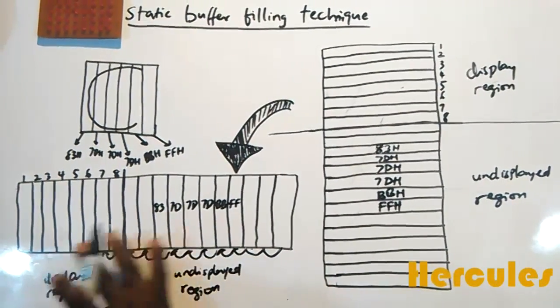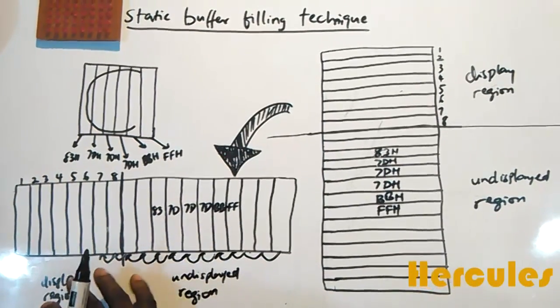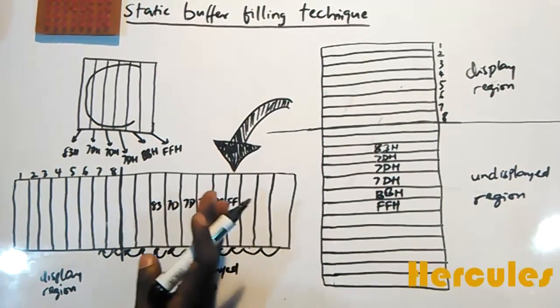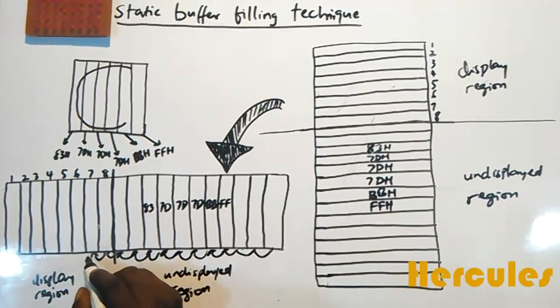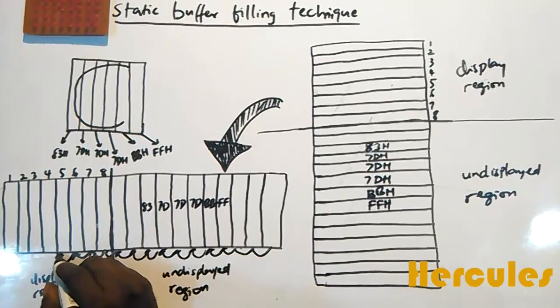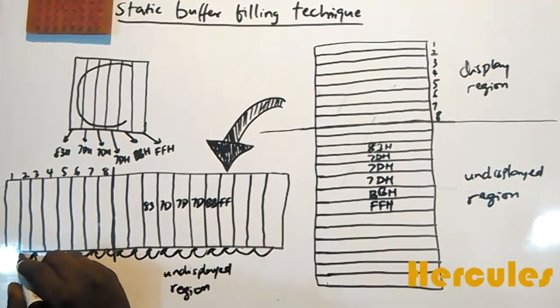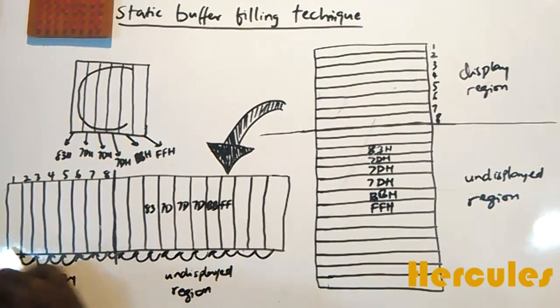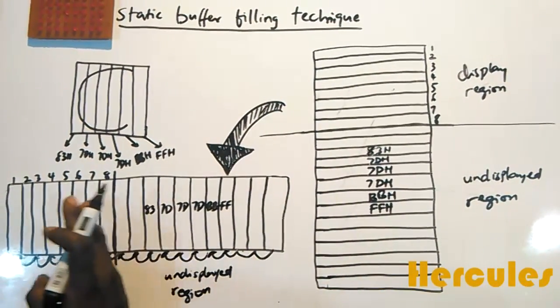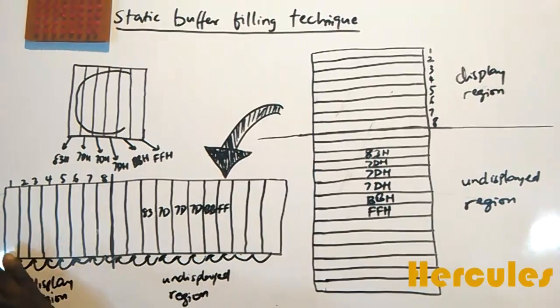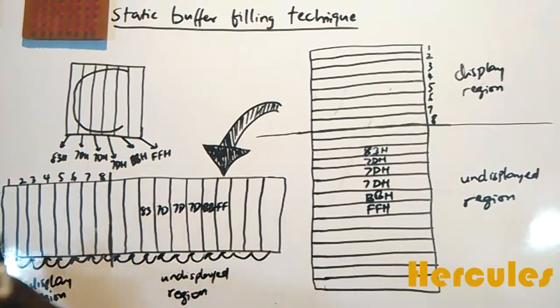The effect is that we're going to see the character C scrolling into the display region, and we can keep on shifting, rotating one location at a time, and the repeated effect is the C character scrolling from the undisplayed region to the display region.